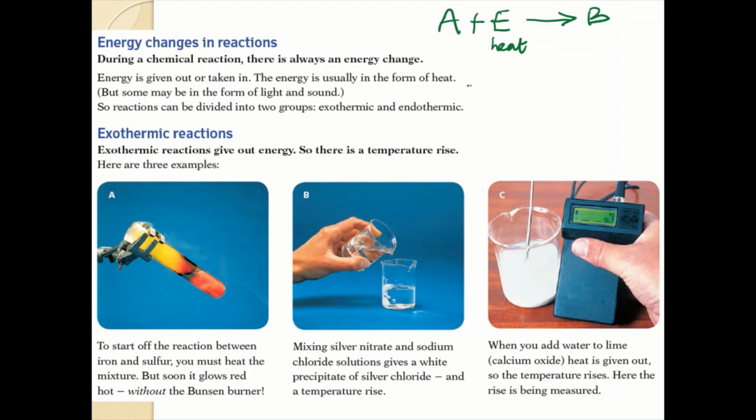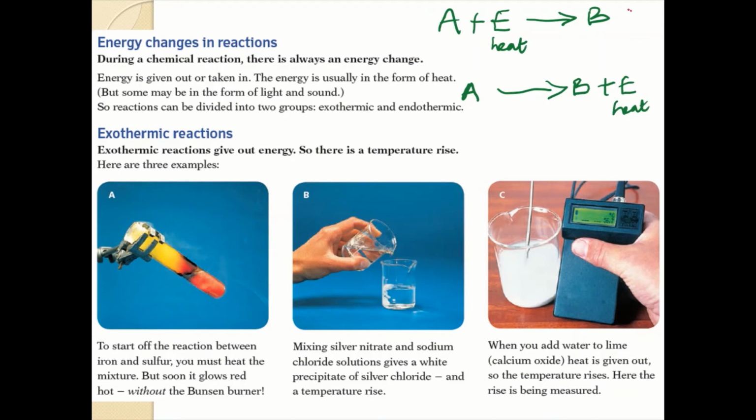It's also possible that a reaction can take place in which substance A can convert into substance B, but in doing so, heat energy is released when that conversion takes place. You can see it's opposite.